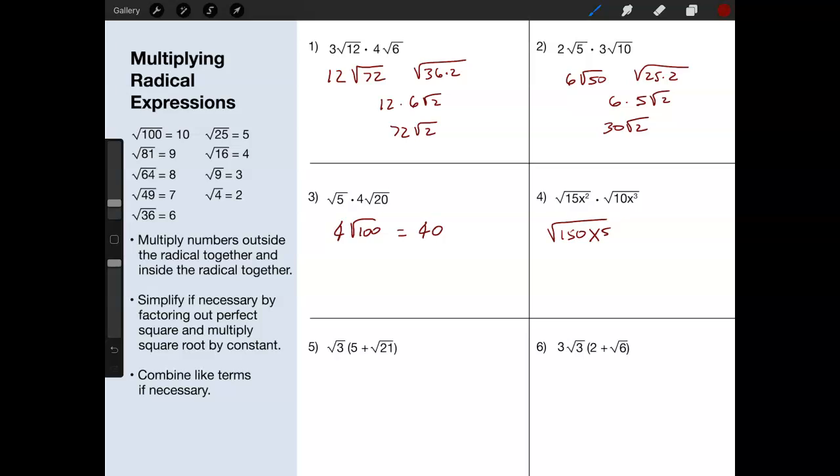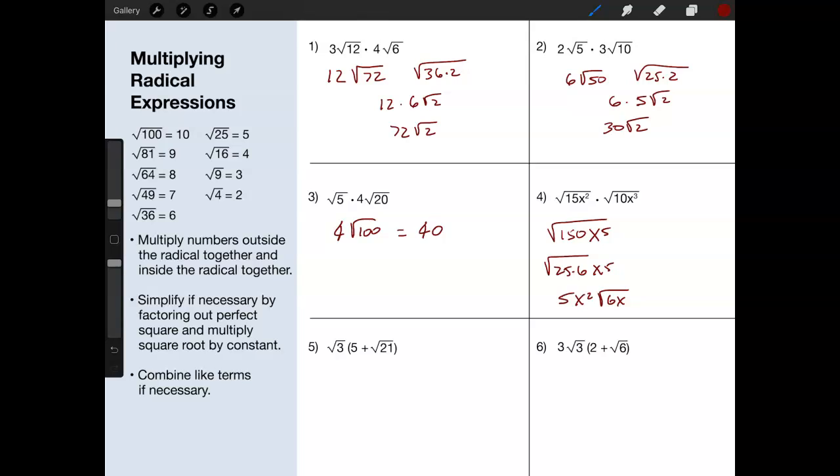This can be simplified by factoring 150, which is 25 times 6 times x to the fifth. The square root of 25 is 5. X to the fifth, we can factor out 2 x's, so that would be x squared. And what's remaining under the radical sign is 6x.